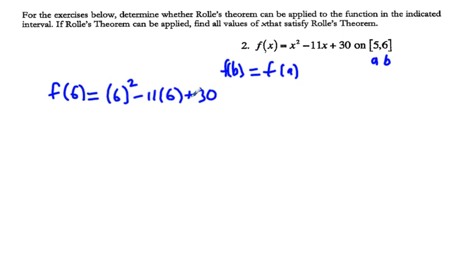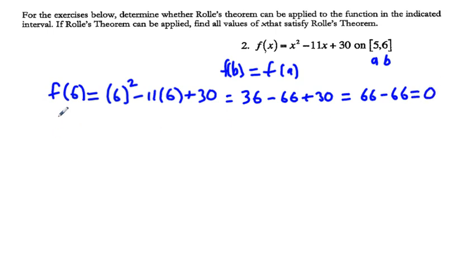And we get 6 squared, 36, minus 11 times 6, which would be minus 66, plus 30. And combining 36 plus 30, we have 66 minus 66, which equals 0.